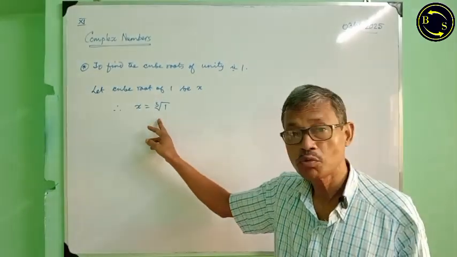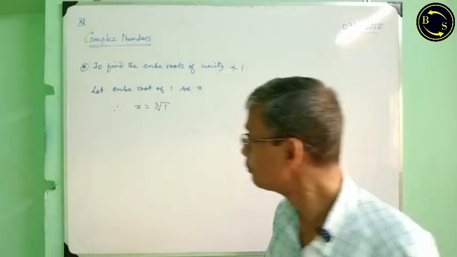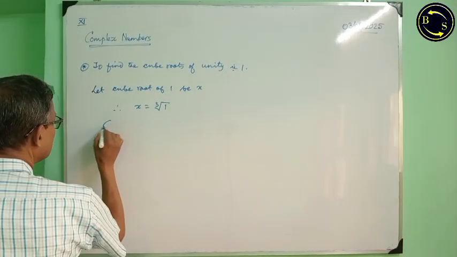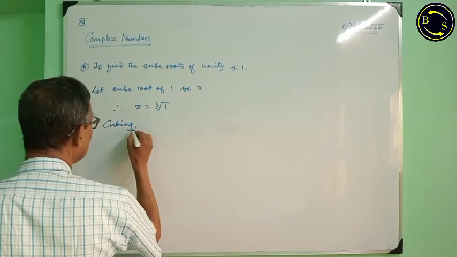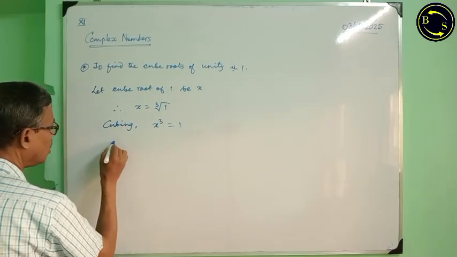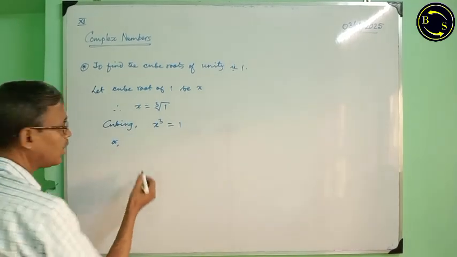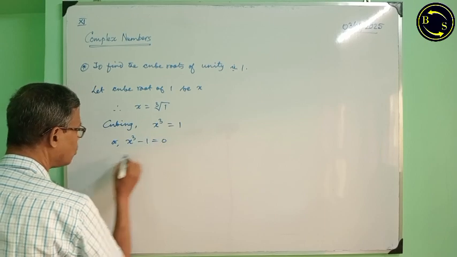To remove that cube root symbol, what to do first? We have to cube both sides. Cubing. x cube is equal to 1. Now I transfer 1 to the left. x cube minus 1 equal to 0.